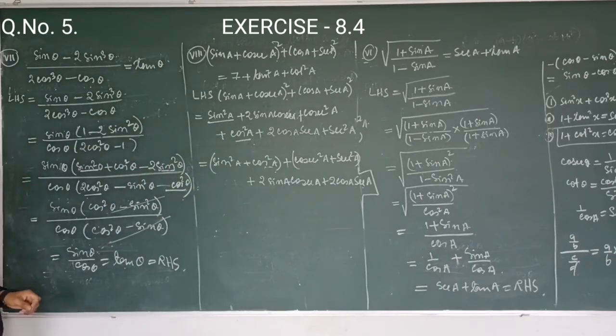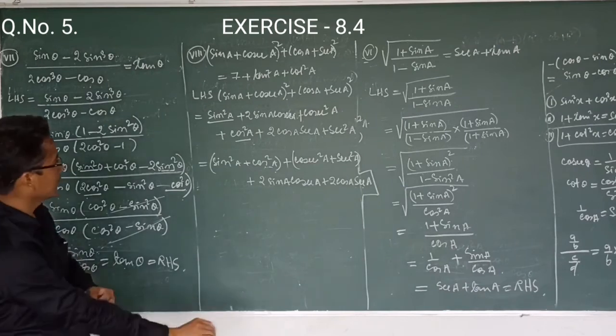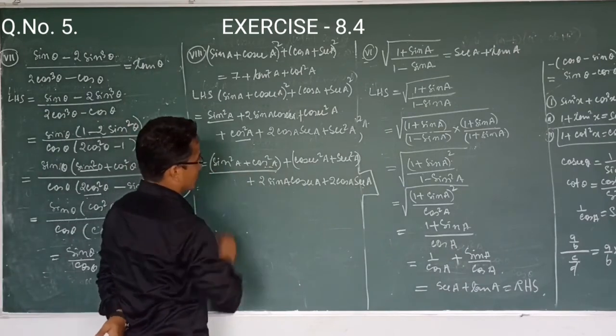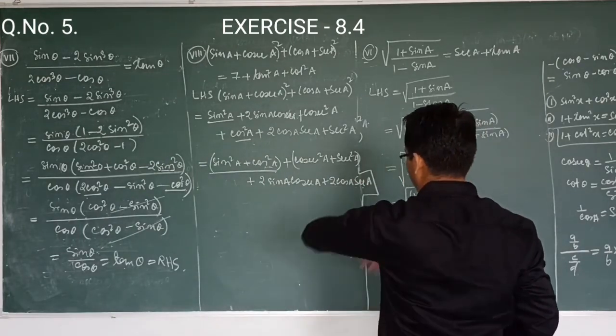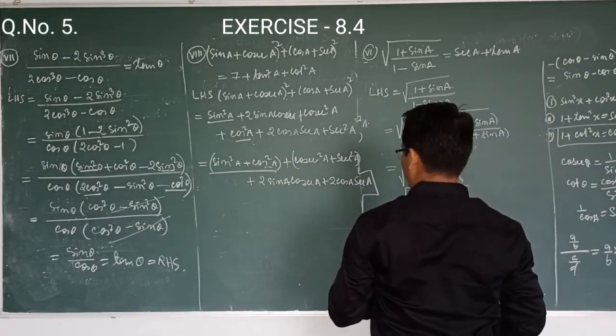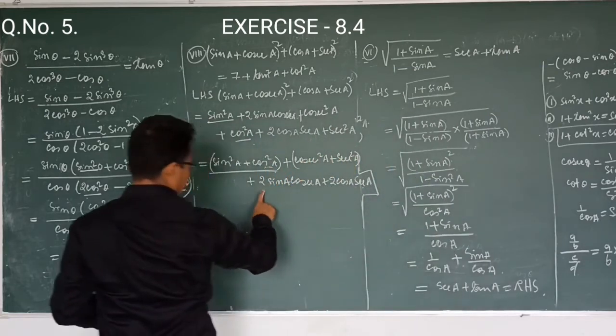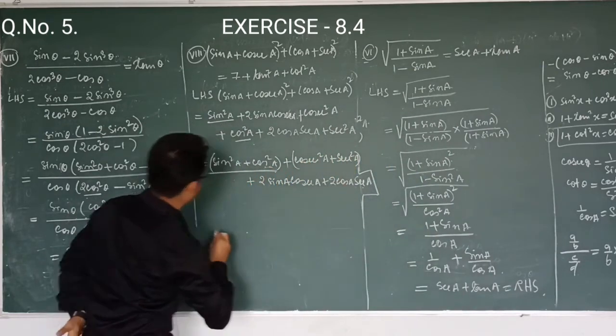We need 7 plus tan square A plus cot square A. Let's see, this I will write as 1. Okay, this I will write as 1, since sin A cosec A cancels out.